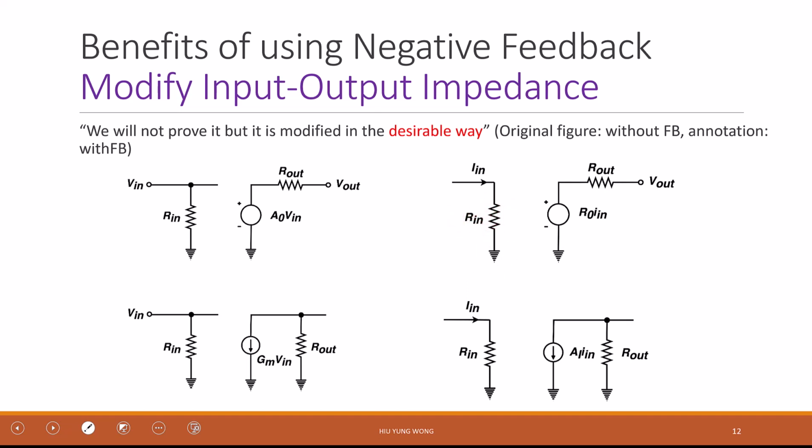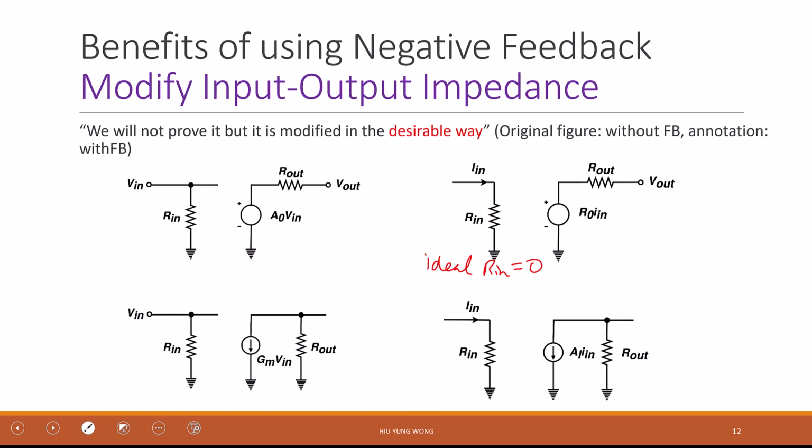Because you want zero, but why do you want zero? Good, because the input is current, so you are sensing the current. So the ideal case is zero, right? So you want to reduce it. So you're right. Now without doing any derivation, I know that with feedback, R in is going to be smaller.